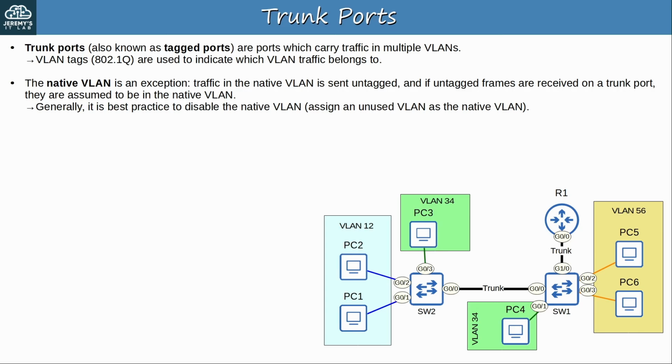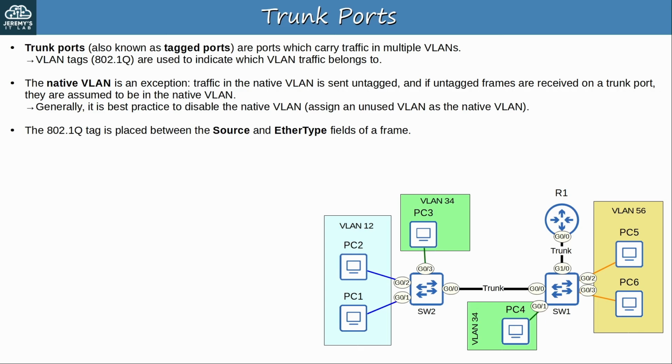There isn't actually a command to disable it, but what you can do is assign an unused VLAN as the native VLAN. For example, the network below uses VLANs 12, 34, and 56. So we could make VLAN 99 the native VLAN, for example, since it's not used in the network. It's also worth noting that the native VLAN is an interface-level command. Each interface can have a different native VLAN.